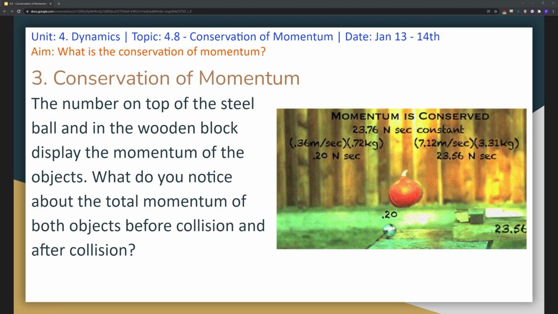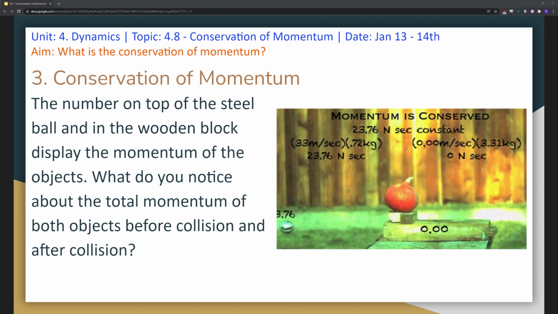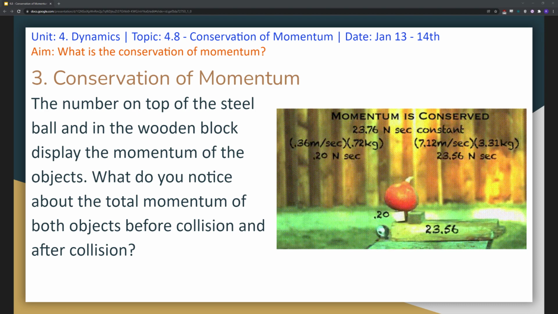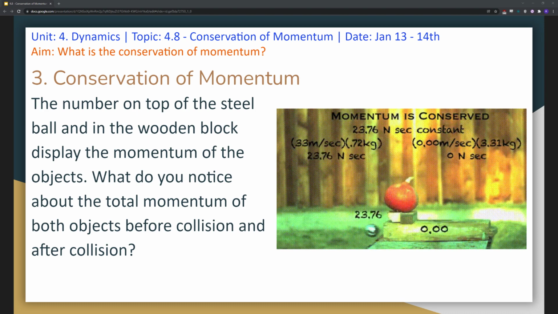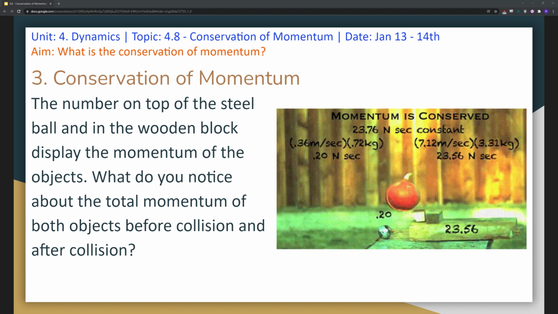The question says the number on top of the steel ball and the wooden block displays the momentum of the objects. What do you notice about the total momentum of both objects before collision and after collision? This is something you should have realized.